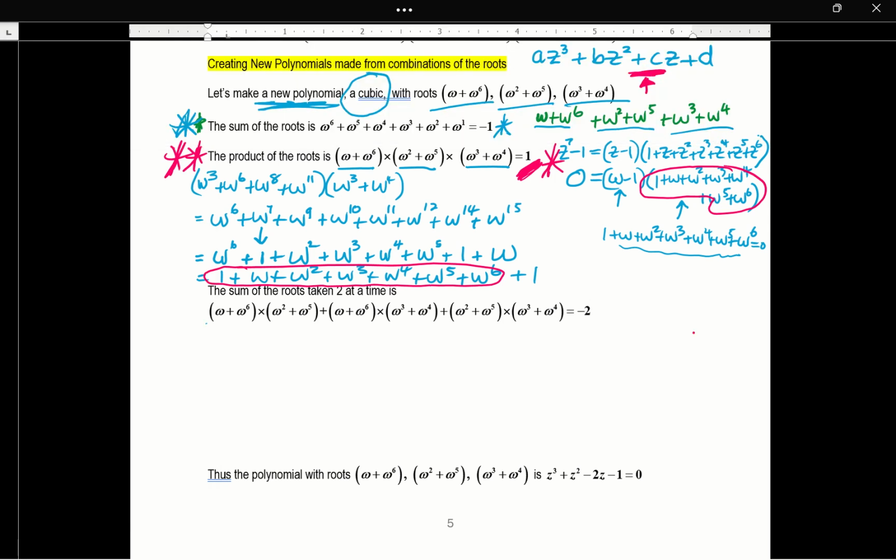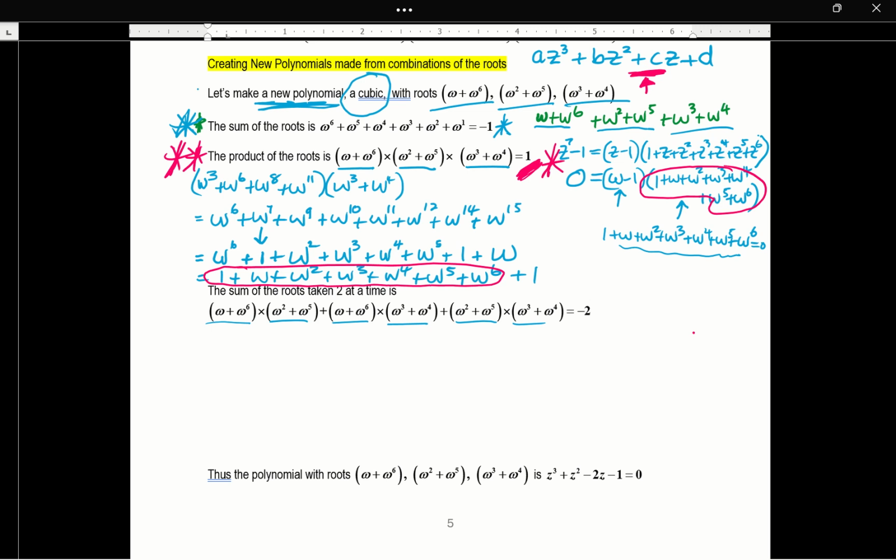I've done the first root times the second, then the first root times the last root, and then the two middle roots times together. Now I'm claiming that equals minus 2, if we go through that process of expanding all that out, remembering that w^7 is equal to 1 because w is a root.